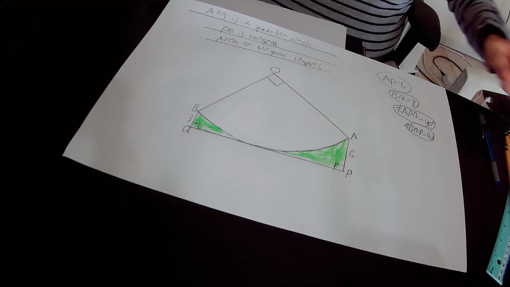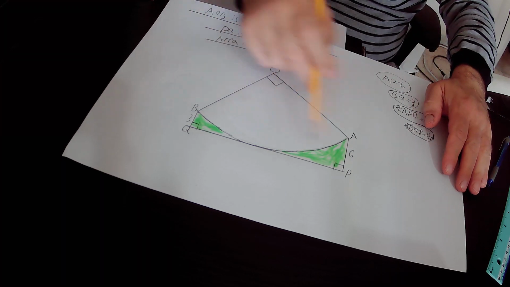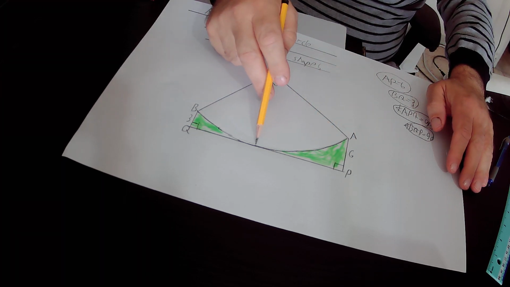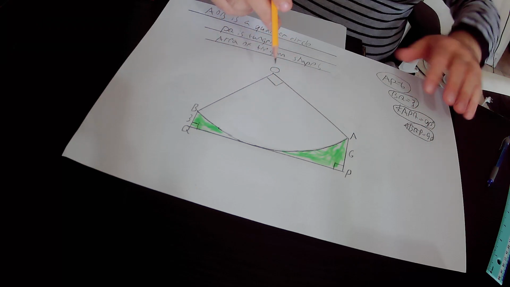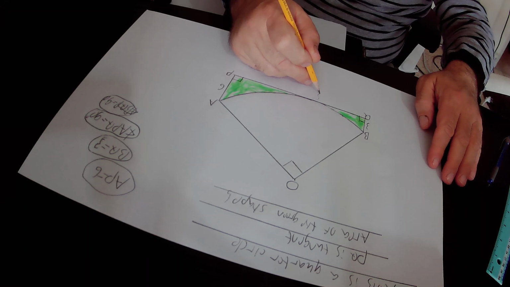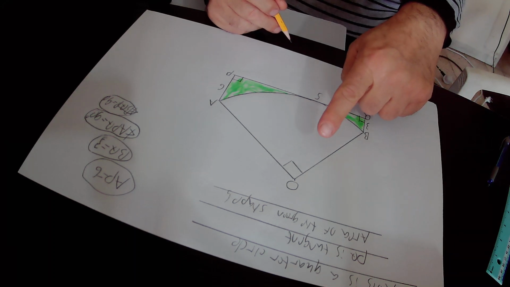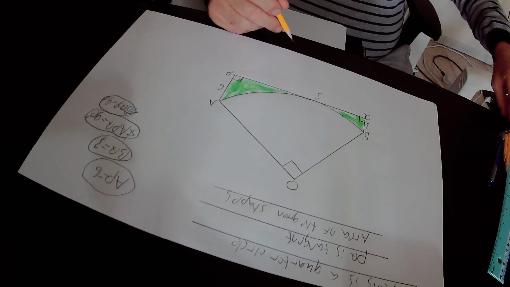So first of all, we define the point of tangency of tangent QP with this quarter circle as point S. And we join points O and S together by a straight line.